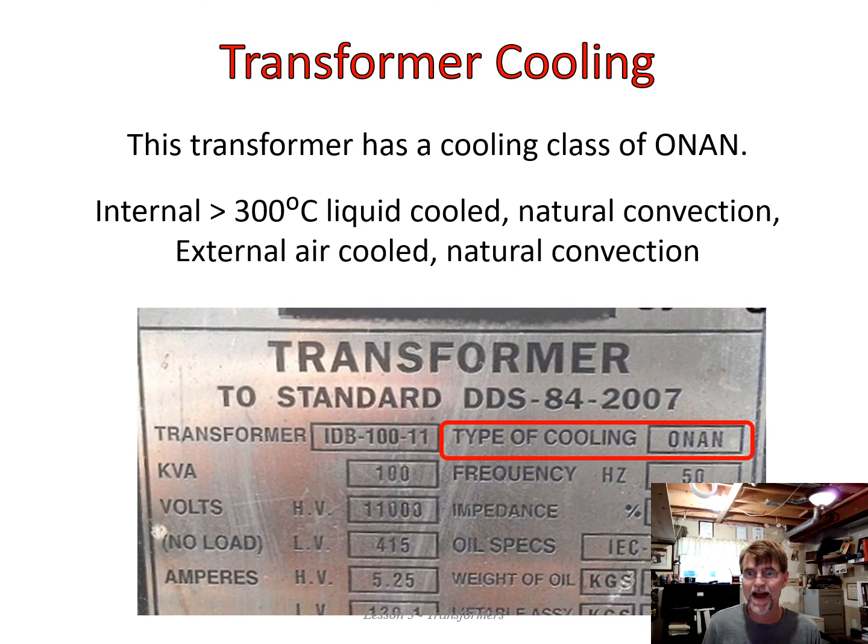It's using the natural flow that happens as this liquid heats up and cools down. And then A means external air cooled, and N means natural convection. So again, there's no fan forcing this. It's just utilizing the construction of the radiator. So that's what those four letters mean.